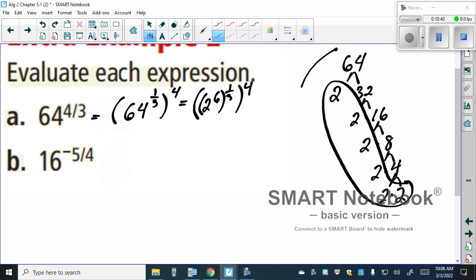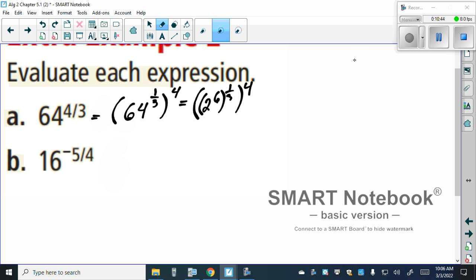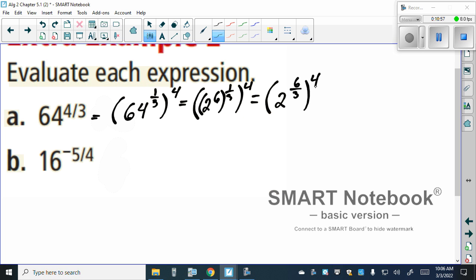Now, if you're thinking, well, we said 4 before, we'll actually get to the same place. Because at this point, powers of powers multiply. 6 times 1/3 would be 6 thirds, yes? 6 divided by 3 is what? Two squared is 4.